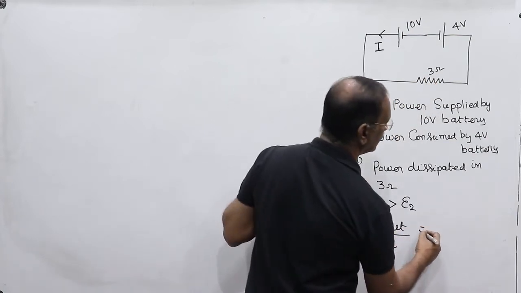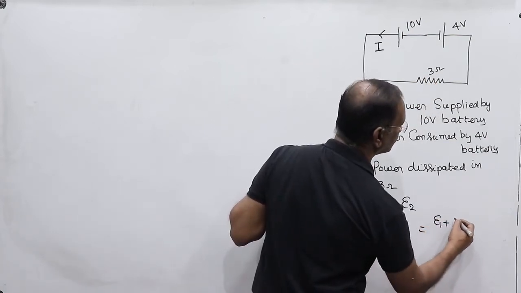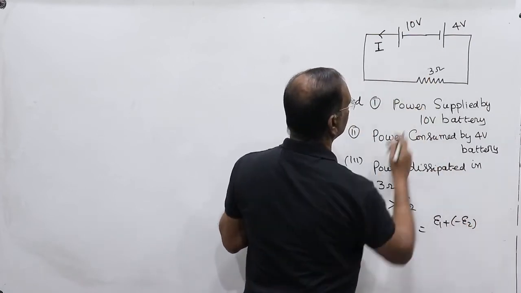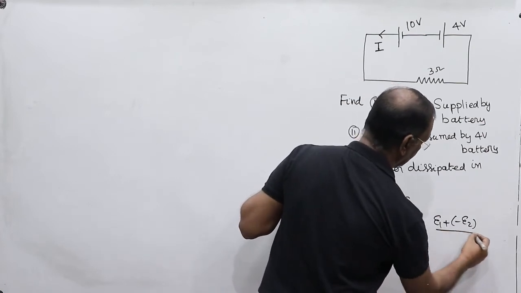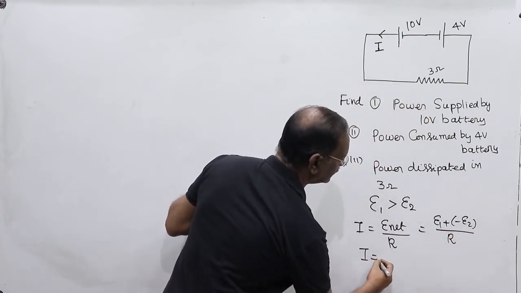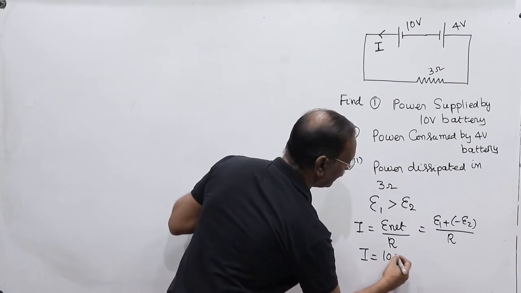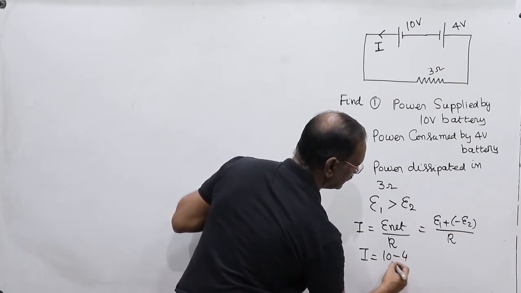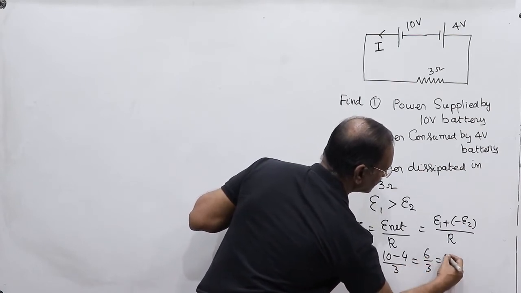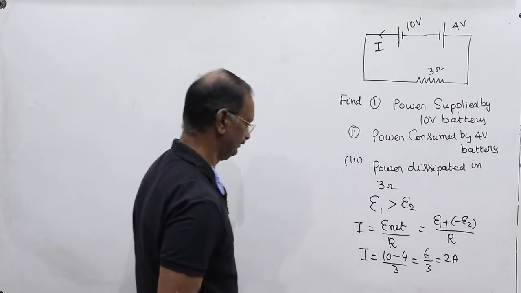E net is equal to E1 plus or minus E2, because of the reverse polarity, divided by R. Therefore, I is equal to (10 minus 4) divided by 3, which is 6 by 3, equal to 2 ampere.